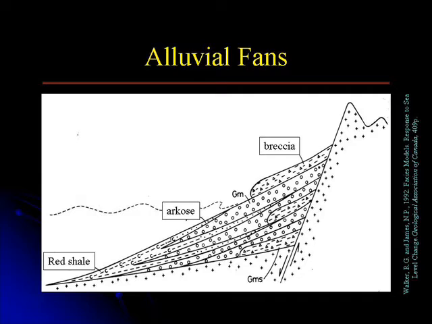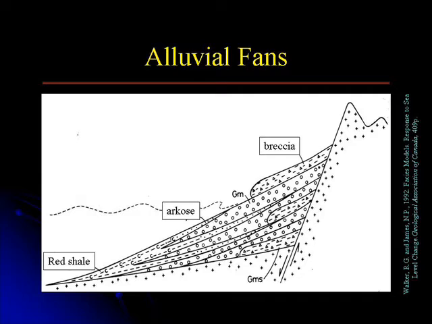Now, if you remember how this works, the grains are gravel-sized, but the rock that would form from a gravel-sized sediment that is angular would be called a breccia. So breccias normally are associated with alluvial fans near the top, near the head of the fan.